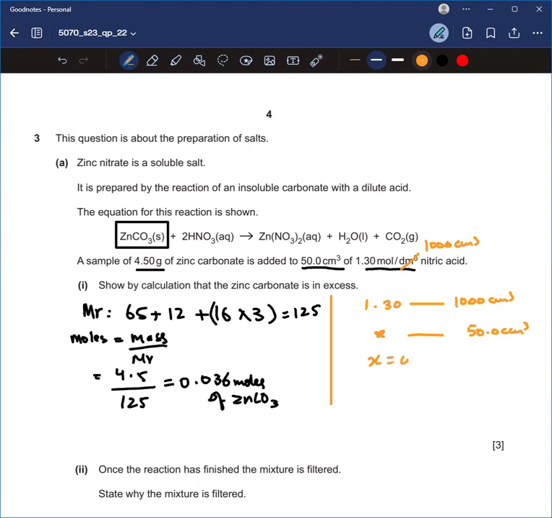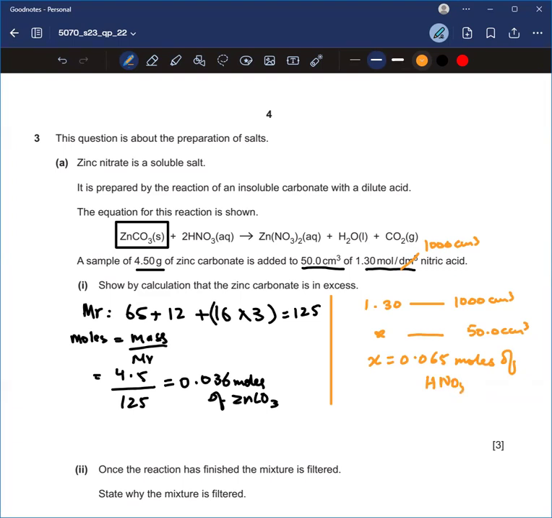X equals 0.065 moles of nitric acid, HNO3.